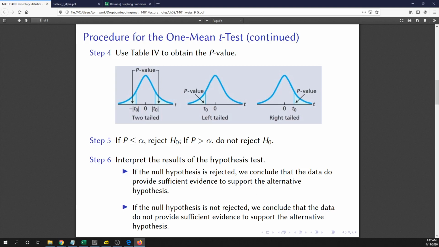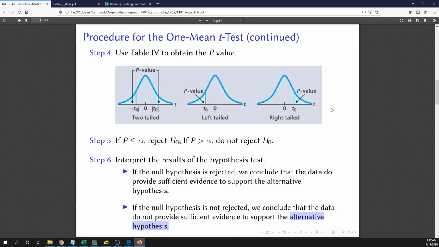If we do not reject the null hypothesis, our statement is going to be that the data do not provide sufficient evidence to support the alternative hypothesis. Again, this part will be stated in terms of the specific alternative hypothesis that you are testing. So it is a lot like what we did before.